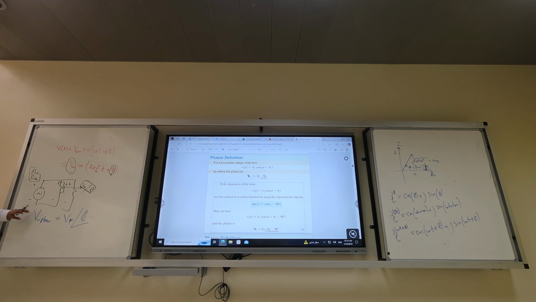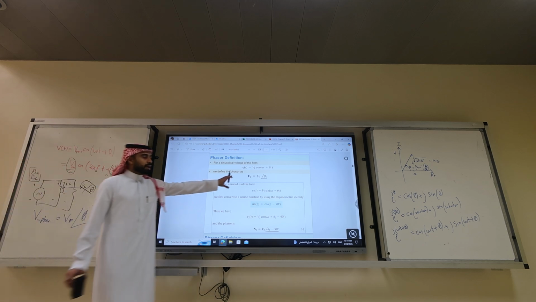This represents information about the voltage drop written in phasor format. Theta is the phase shift. We'll explain it over time, but what you need is the max and theta in every segment. So we call it V sub phasor equals Vm at angle theta. In the slides it is bold.